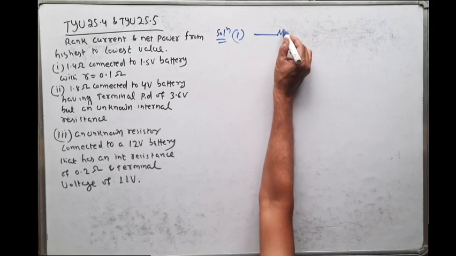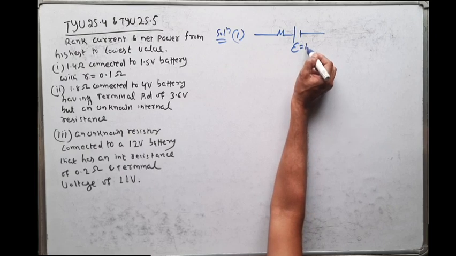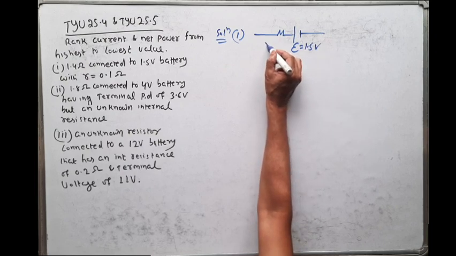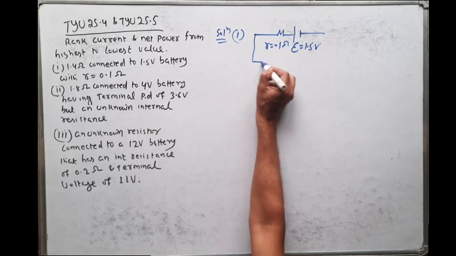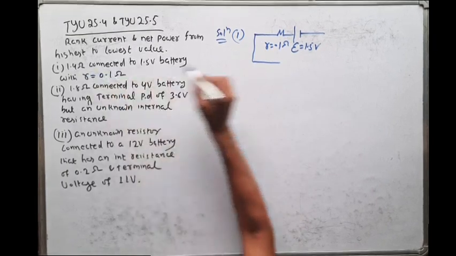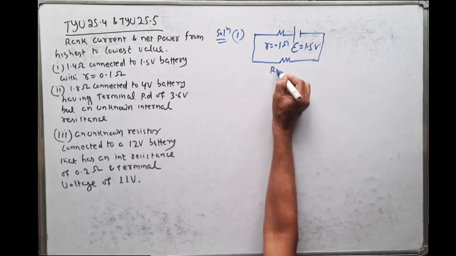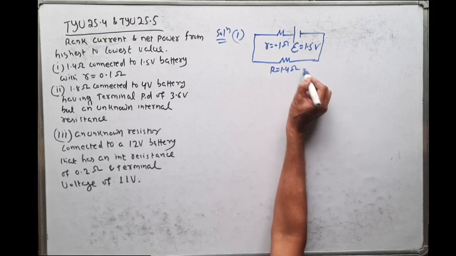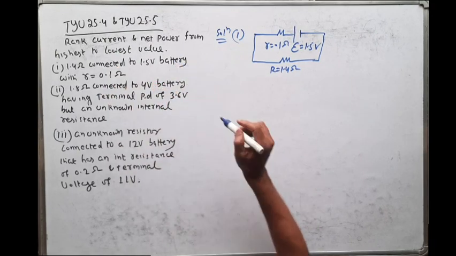Suppose this is a battery whose EMF is equal to 1.5 volt, internal resistance is 0.1 ohm. This is connected across a load of 1.4 ohm resistance. So the question is, you have to find the current and net power output.